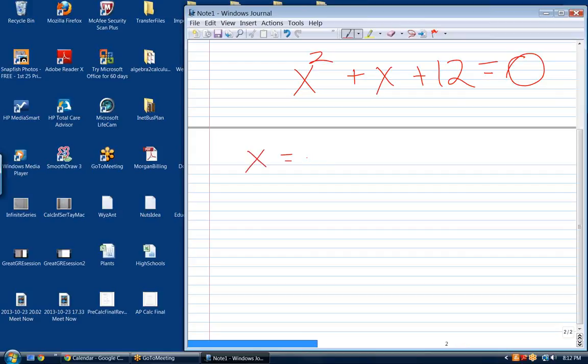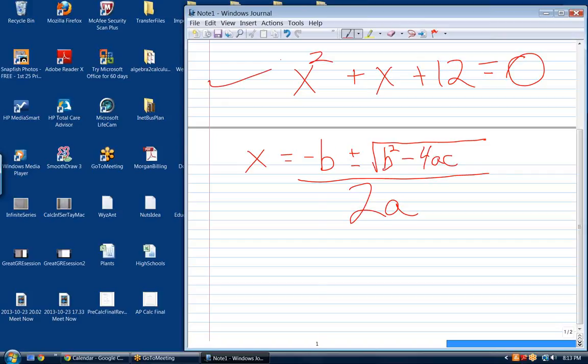X equals negative b over 2a. That's half of it. In other words, what you gave me was just the vertex of a quadratic. So the full quadratic formula is this.